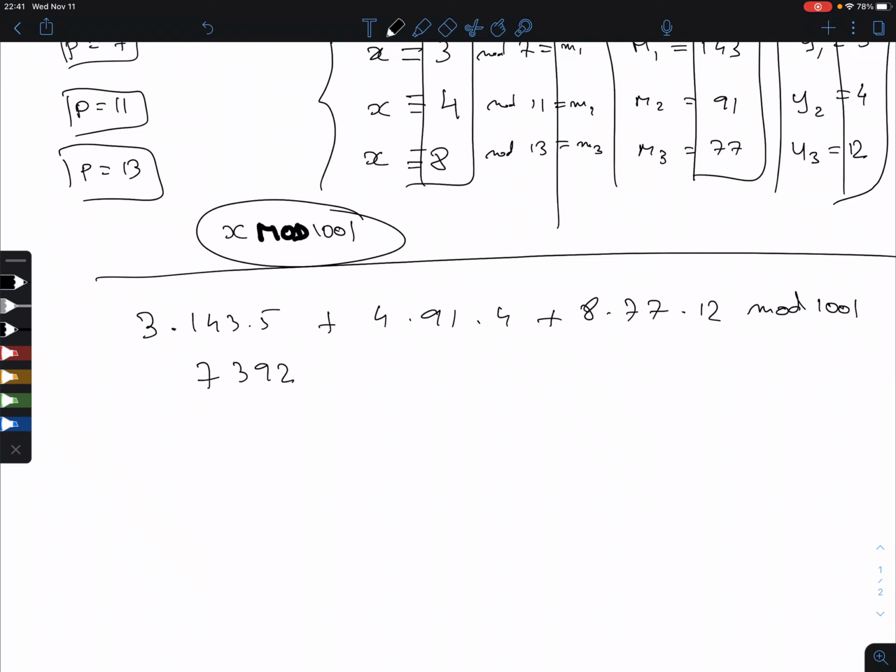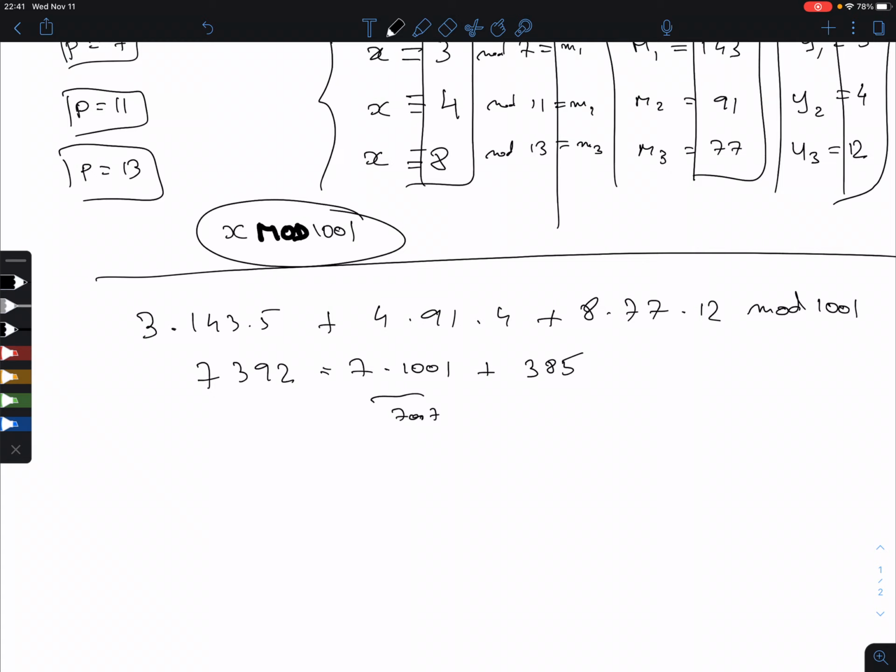So what is that divided by 1001? What did I do wrong? I don't know. That is 7 times 1001. This is 7,007, right? Plus what? So this is 385. So what remains is 385. Give me a sec. I thought.